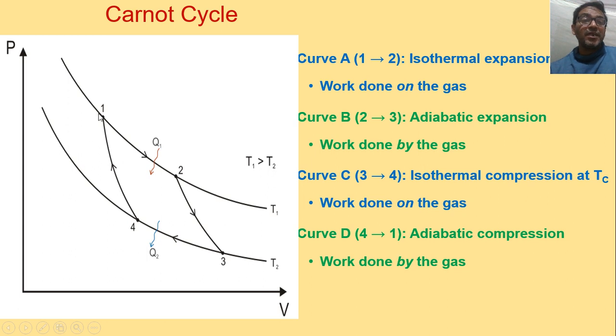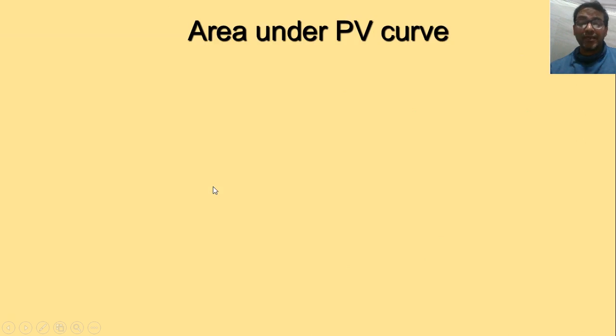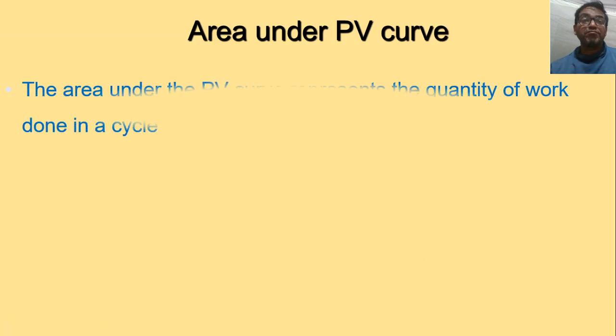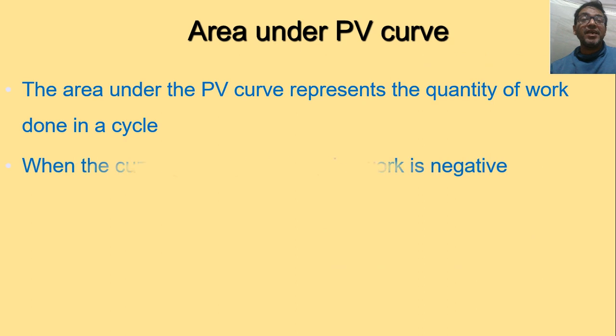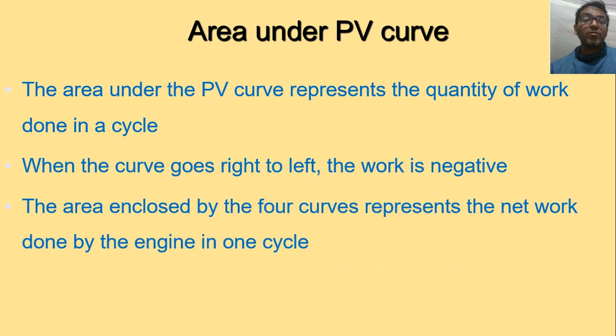That means the initial stage and the final stage, the last stage, is also at 1. So that's why it is basically a cycle. Here the area under the PV curve represents the quantity of the work. When the curve goes from right to left, that means 1 to 2, the work is negative.